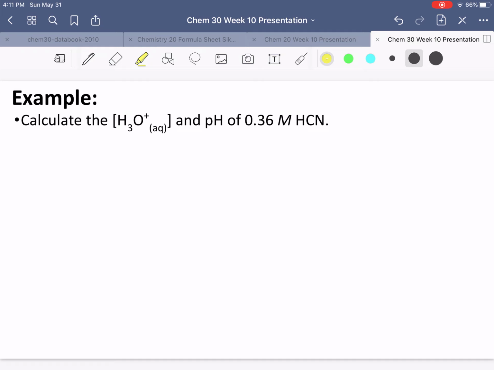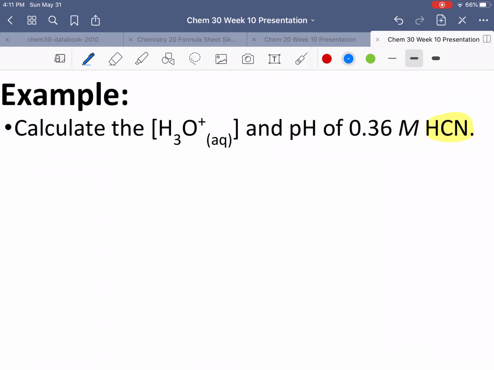First things first, and I've said this before, you need to recognize in a question if you're dealing with a strong versus a weak acid. This is huge, because if this acid was strong, this question would be super easy. It would be no big deal. Because it is a weak acid, your brain has to go ding, ding, ding. I need to deal with equilibrium and equilibrium laws. So let's start by writing out the ionization equation.